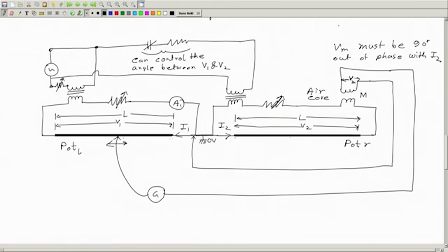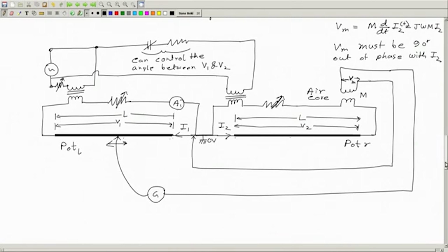Because Vm is proportional to M multiplied by dI2/dt, or for AC we can write this as j omega M I2, where I2 is the RMS value. So Vm is 90 degrees out of phase from this current.